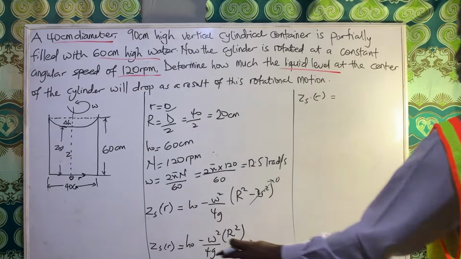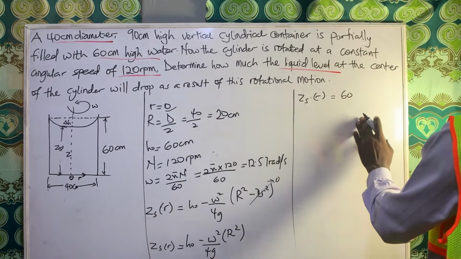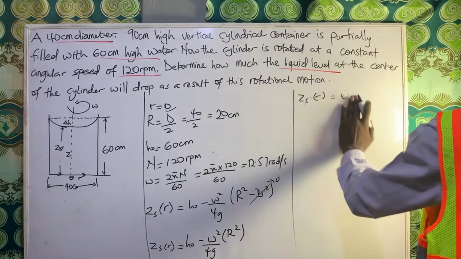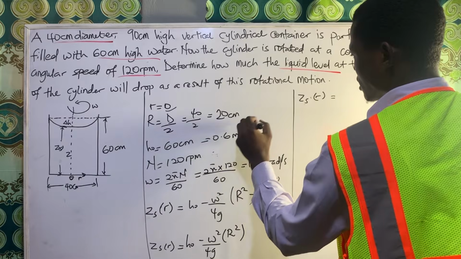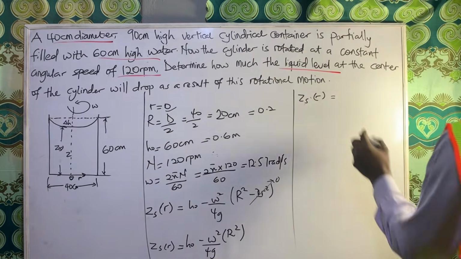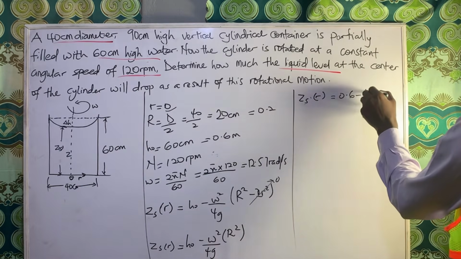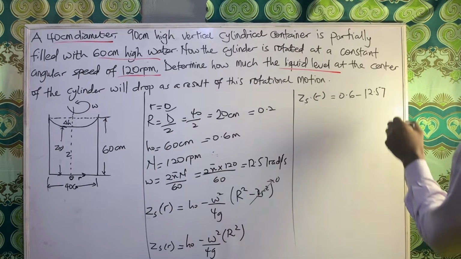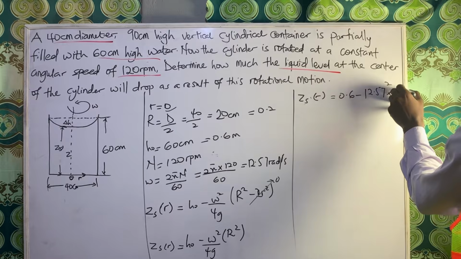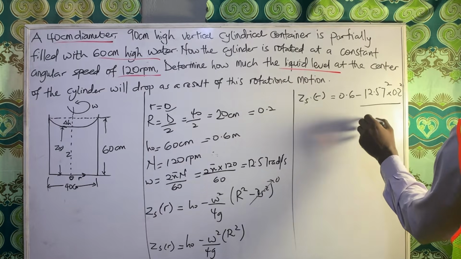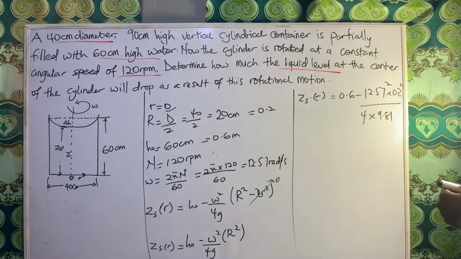We know our H naught to be 60, so let's convert everything into meters. This gives us 0.6 meters, and this is also 0.2 meters. So 0.6 minus 12.57 squared times 0.2 squared all over 4 times the gravity, that's 9.81.